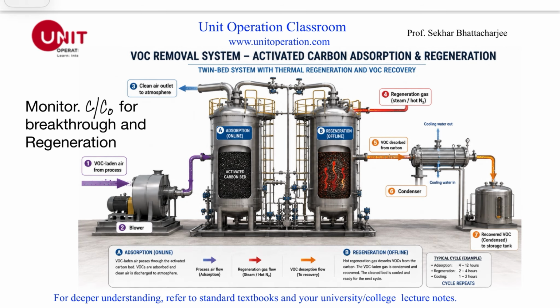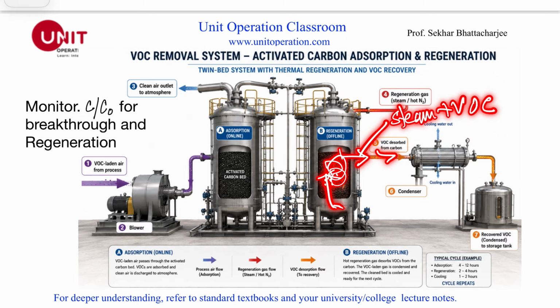So how does the regeneration work? Here, let's say hot nitrogen, or sometimes hot air or steam, is passed through this bed and it just goes up. And from here comes out the steam plus VOC, because at high temperature, of course, the VOC that has been absorbed gets desorbed and driven out of the bed.